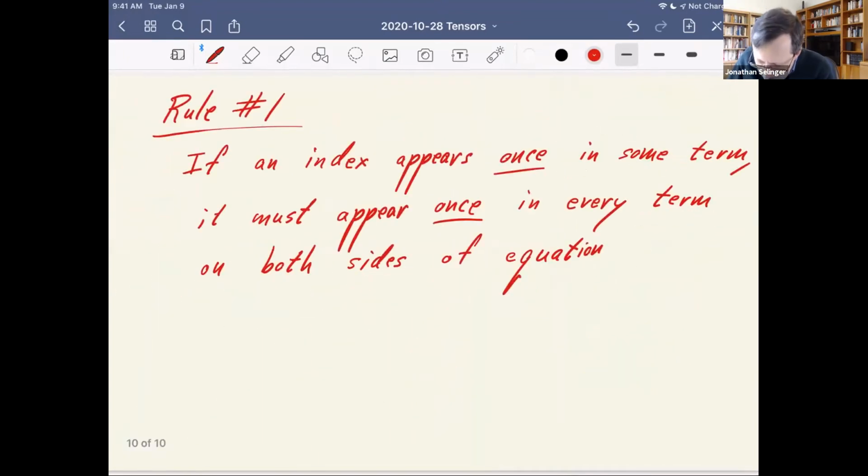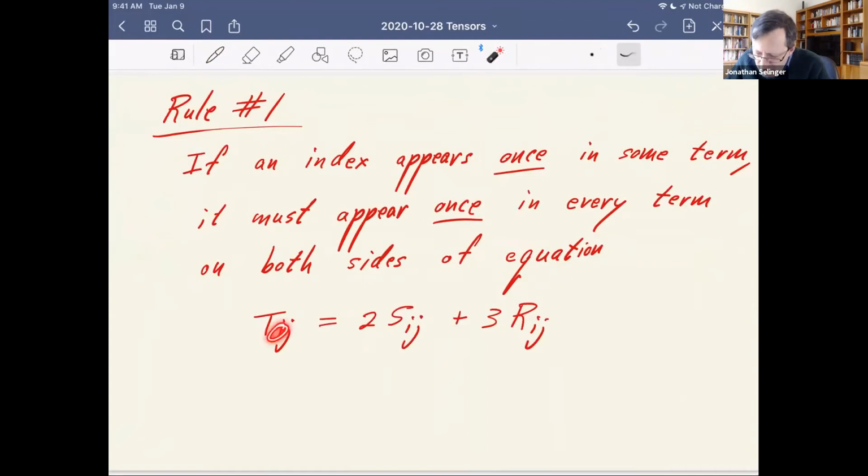Okay, we could say more generally, Tij is 2Sij plus 3Rij. Okay? So here, the index i appears once in this term, and this term, and this term. And it appears once in this term, and this term, and in this term. Okay, so this is good, right? This passes my rule.